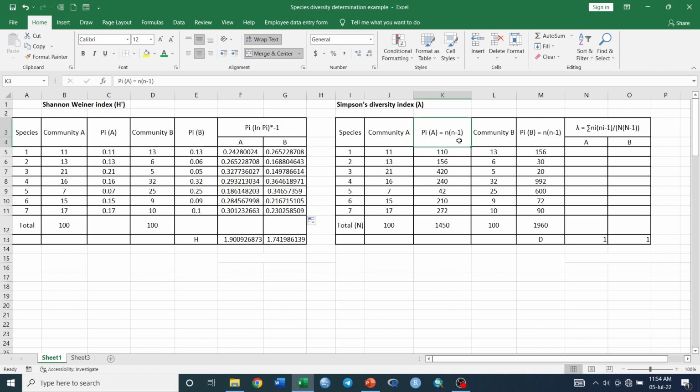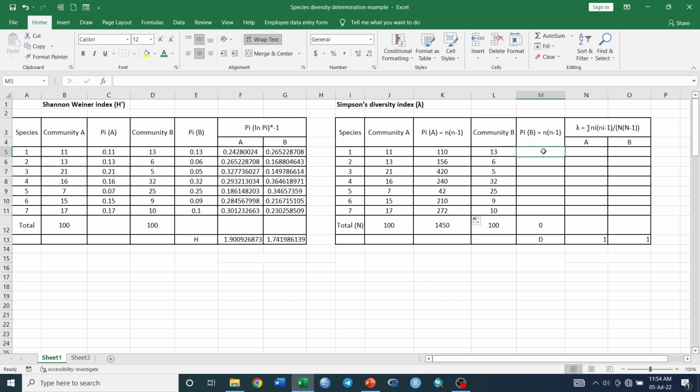Let us see how it looks using the Simpson Index. Here we can apply this formula, n times n minus 1. The observation for species 1 is 11, times 11 minus 1, close the bracket, hit enter and drag the formula down.